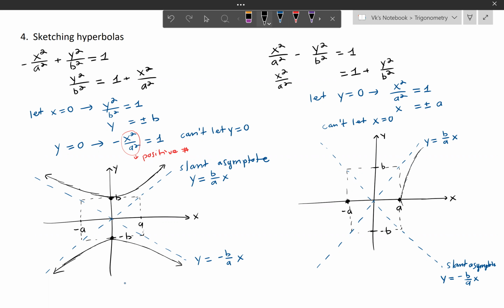It looks like this. One, and here comes another one. That is it. That is how we sketch hyperbolas and what hyperbolas look like.